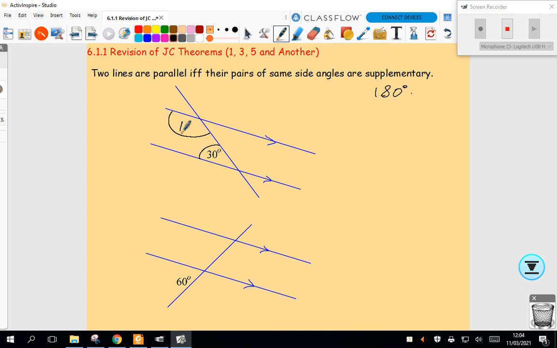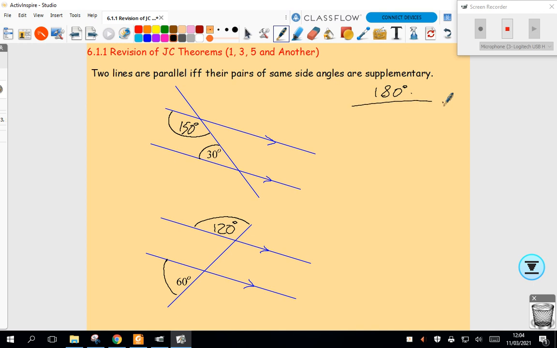So that means that has to be 150 degrees. Same side interior angles are supplementary. Here, two lines are parallel, so their same side angles are supplementary. This and this are a pair of same side exterior angles. If this is 60, this has to be 120 because together they have to make 180 degrees.